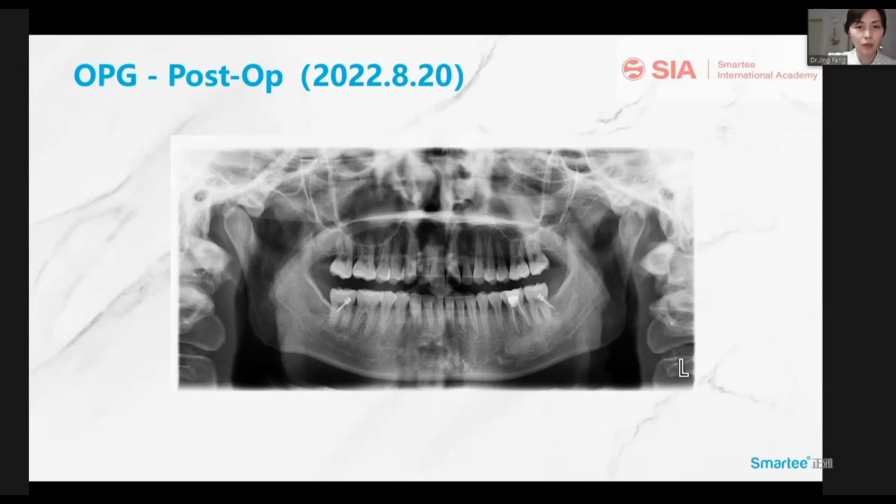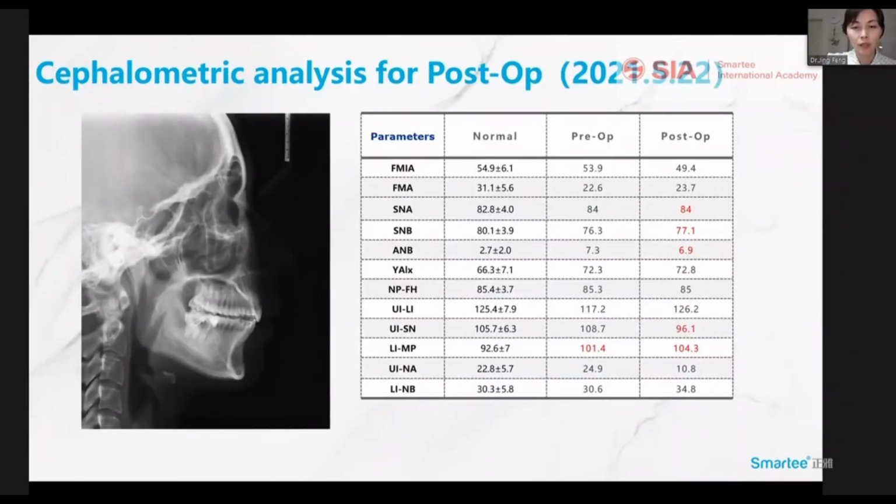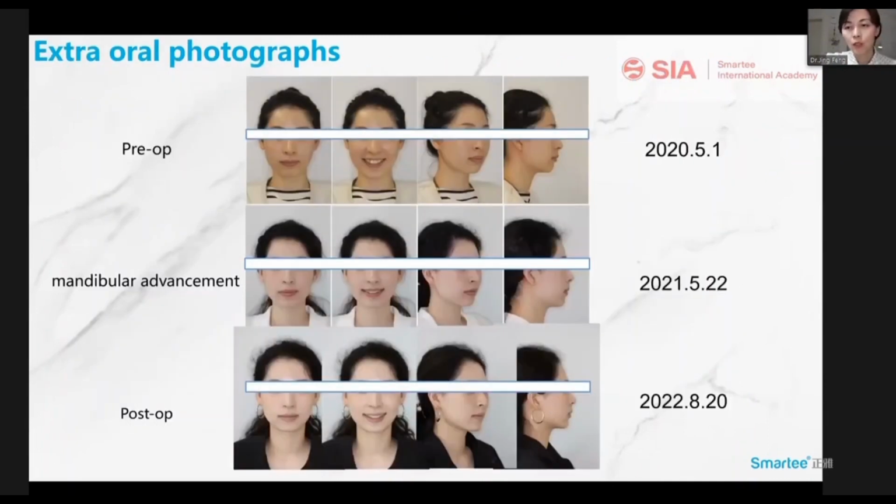And the lower incisors inclination was controlled into an acceptable range from 2020 to 2022, almost 2 years. Fixed all the problems.